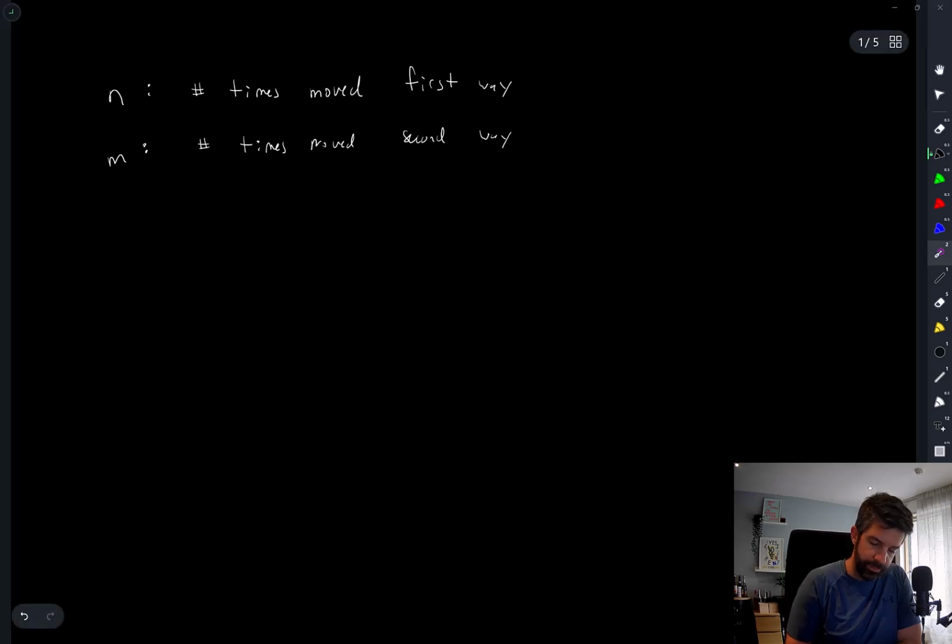Okay, so every time I move the particle right 2 and up 1, that corresponds to n. Every time I move the particle right 1 and up 2, that corresponds to m.